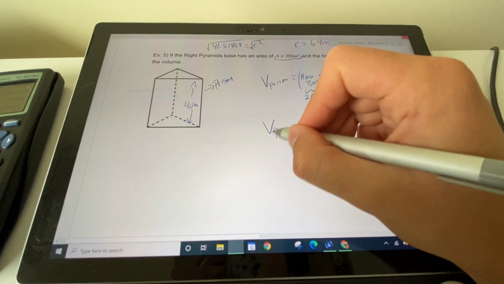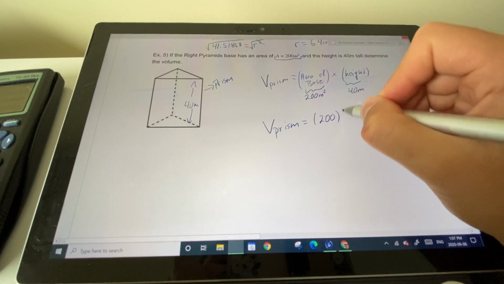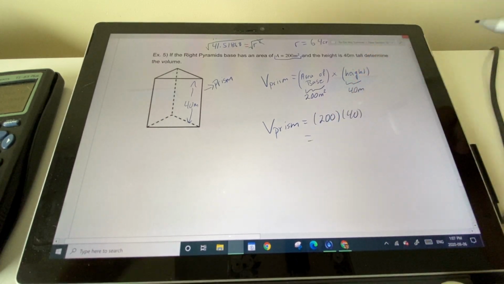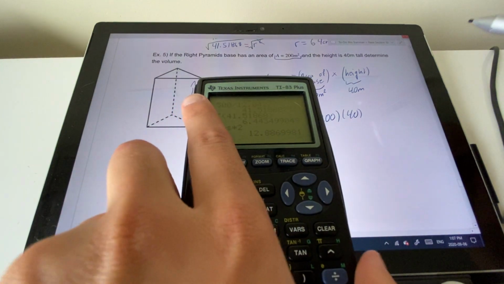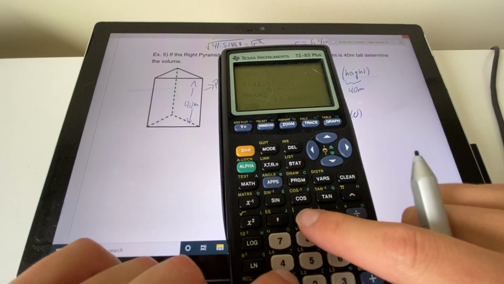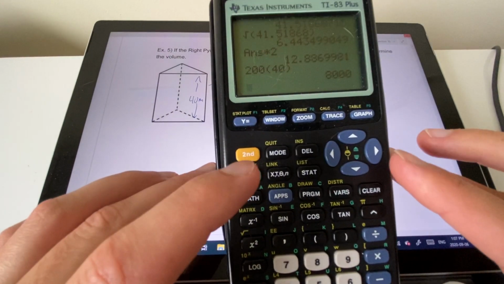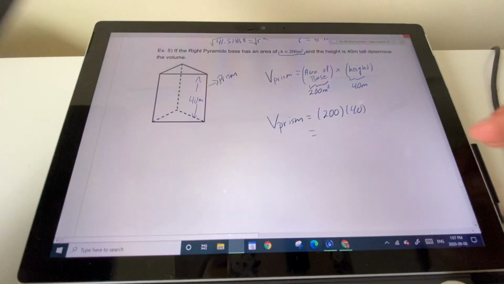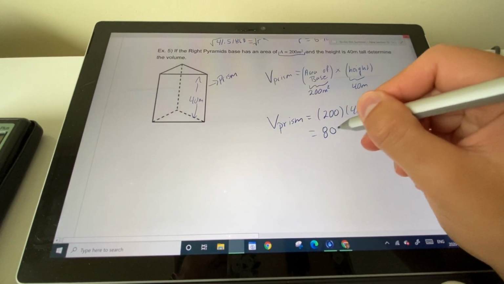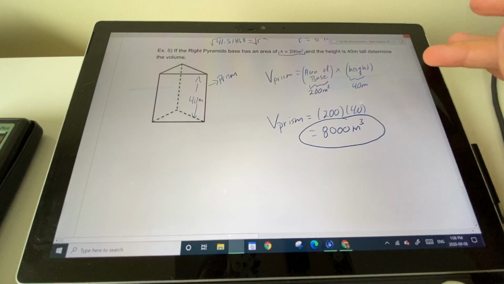So the volume of this prism is simply equal to 200 multiplied by 40. If we plug that into our calculator, 200 multiplying 40 gives us 8,000 meters cubed. Don't forget your units. 8,000 meters cubed. Okay, so there's your volume.